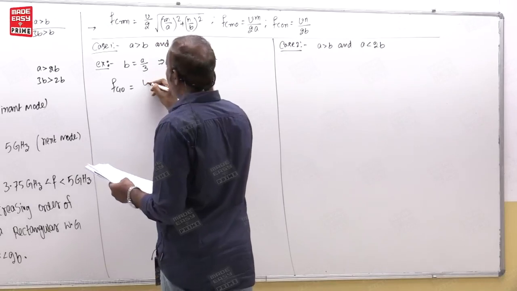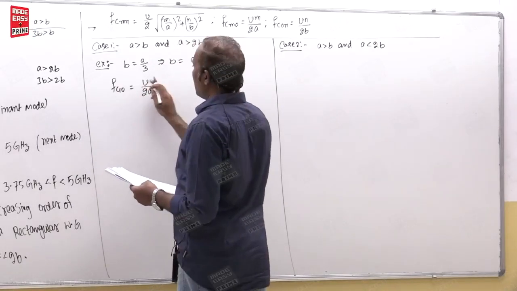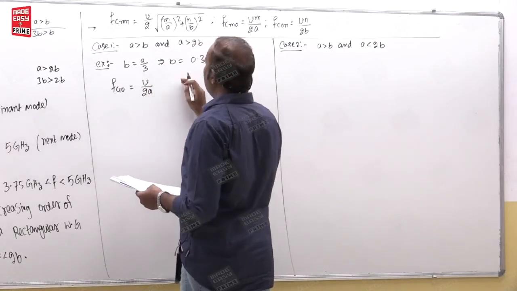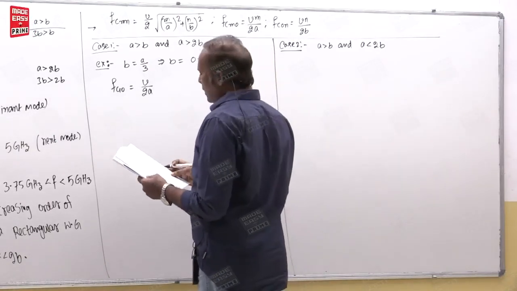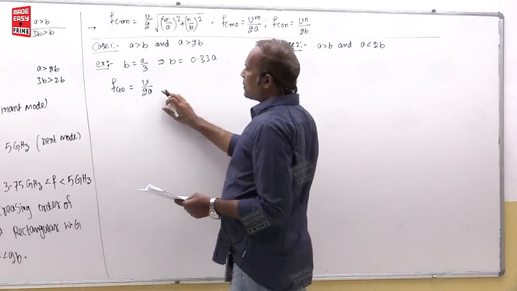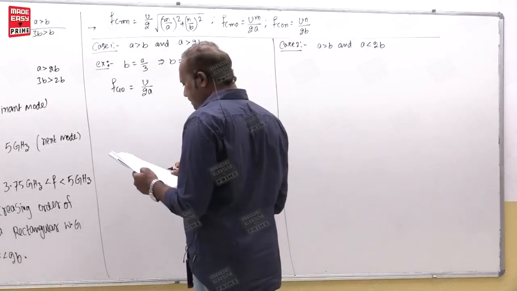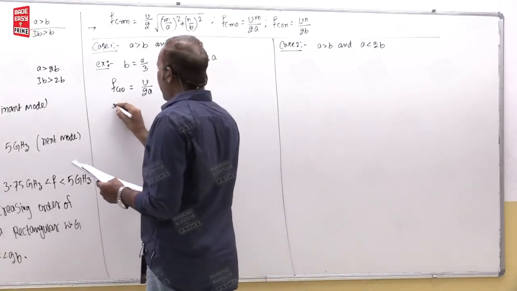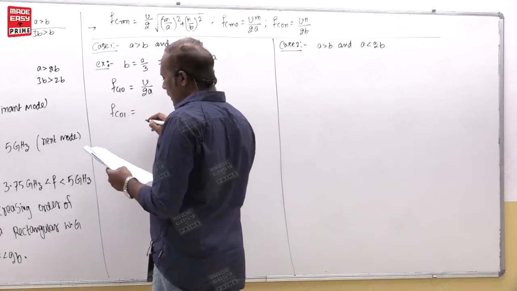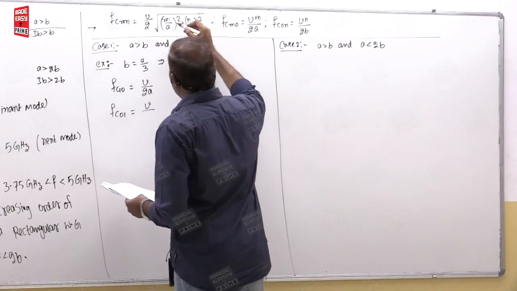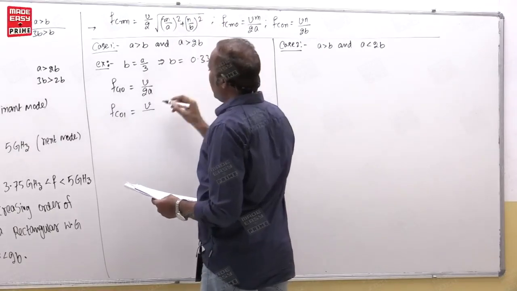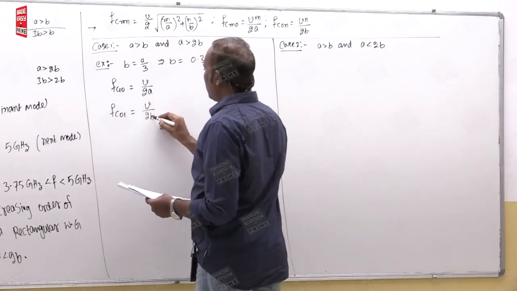FC10 is equal to V by 2A, because 1 you have to put, A value is there, but we will be calculating answers in terms of A only. Okay. Next, FC01, let us calculate. FC01 is equal to V by 2, 0, this is 1 by B, so V by 2B you get.